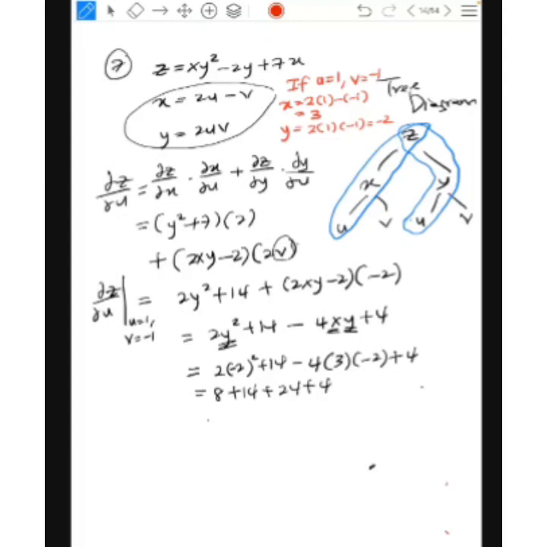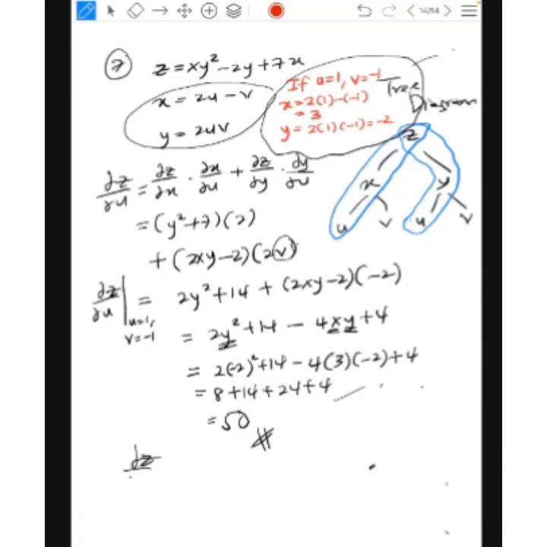So we'll have 50. Your answer must be in terms of a constant only, so don't forget this part. Students always forget here. For the part you find, you get 1 mark, and substituting the values gets another 1 mark. So basically you lose 2 to 3 marks if you don't do that.